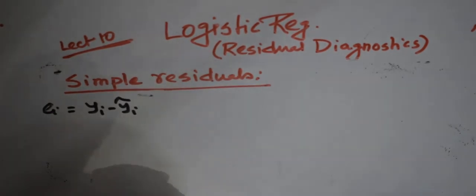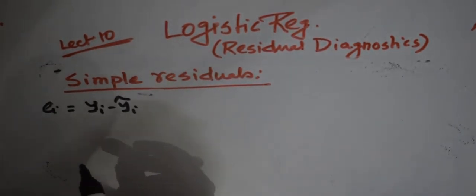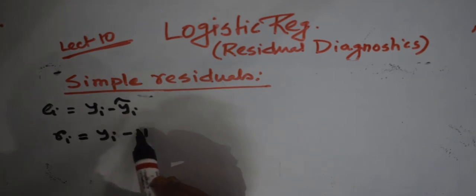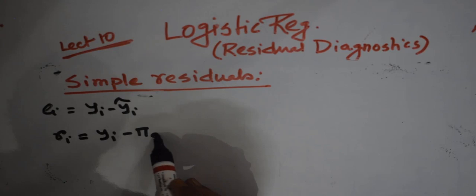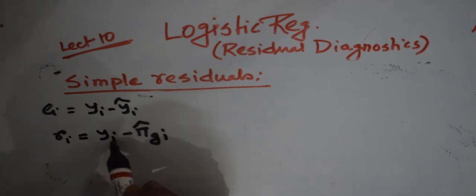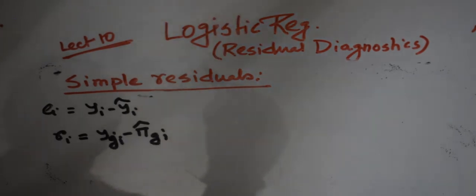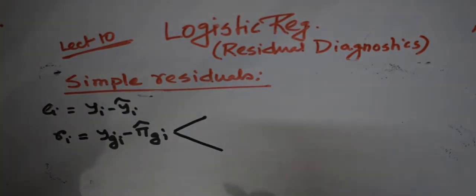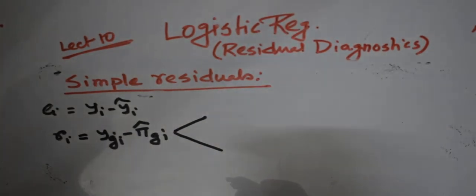But in logistic regression, the residual ri is ygi minus pi gi hat, which takes two values depending on ygi.